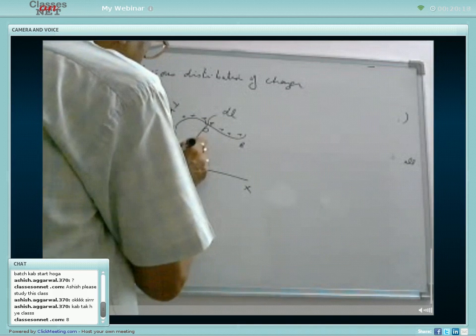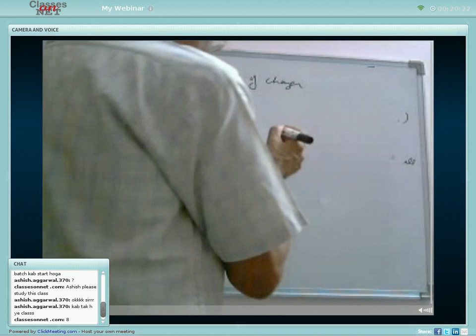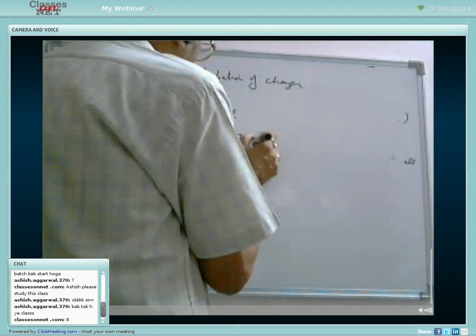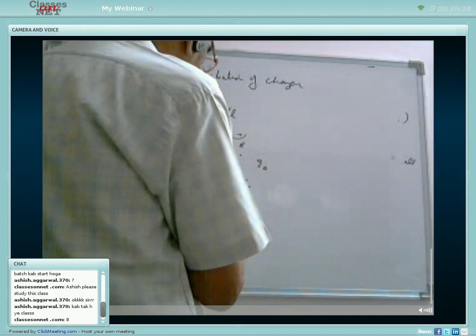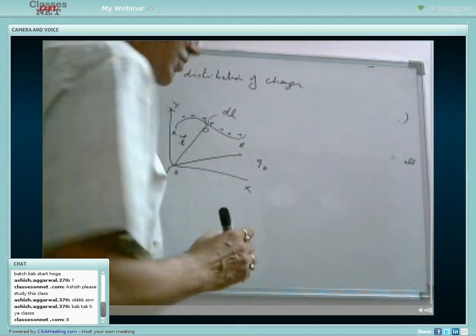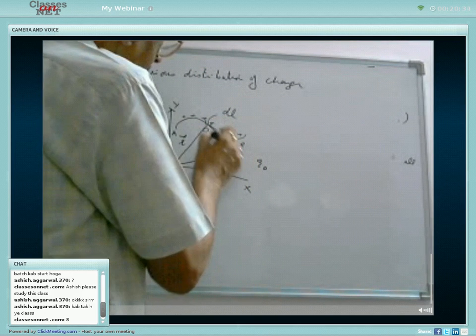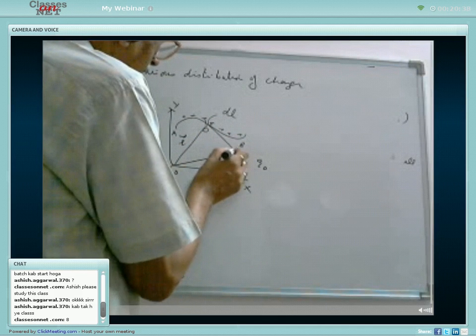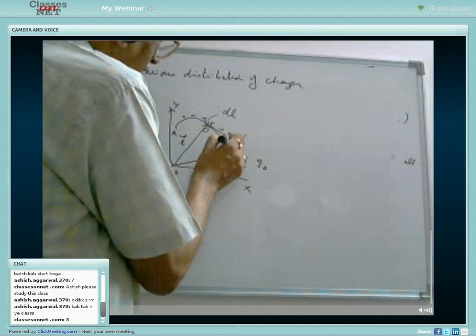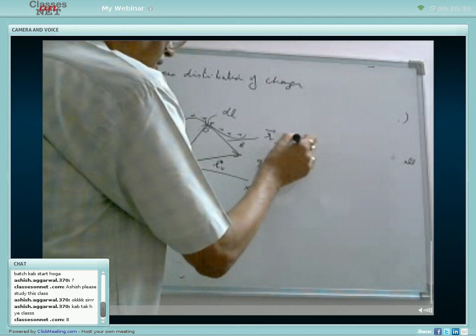Then this is R. If this is the point charge Q0, you are interested to find out the electric field at this point. This is R, this is R0. This vector will be R0 minus R.